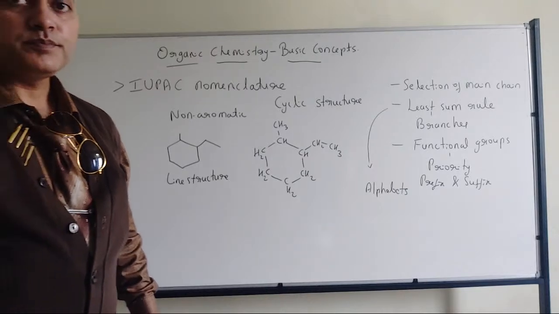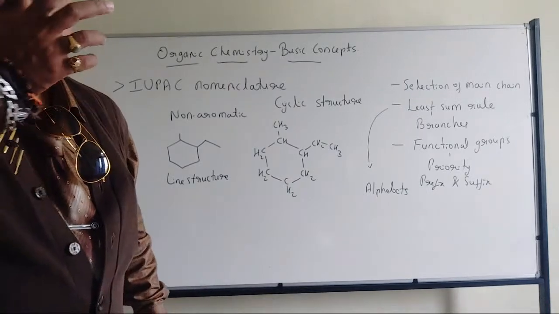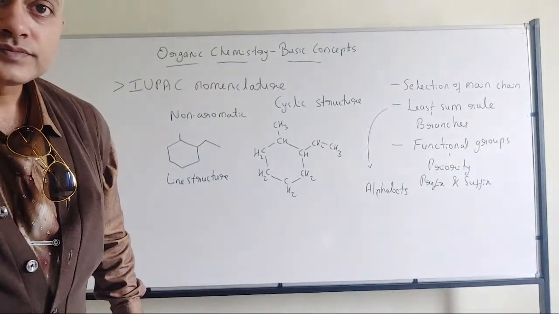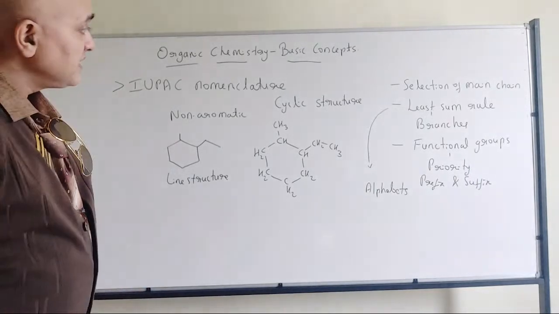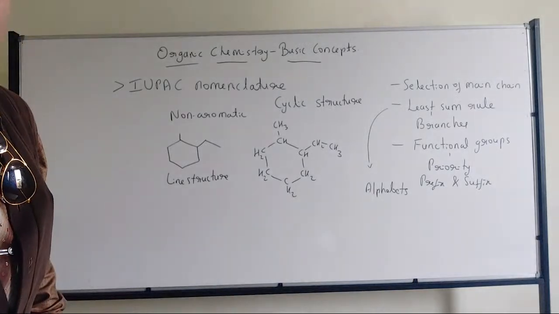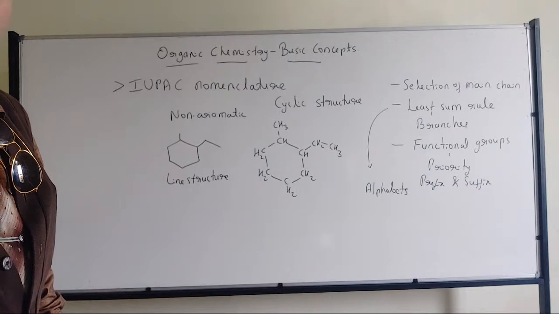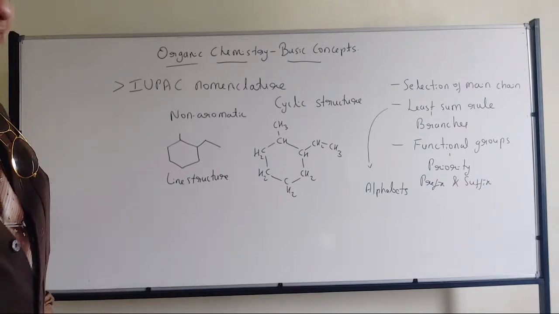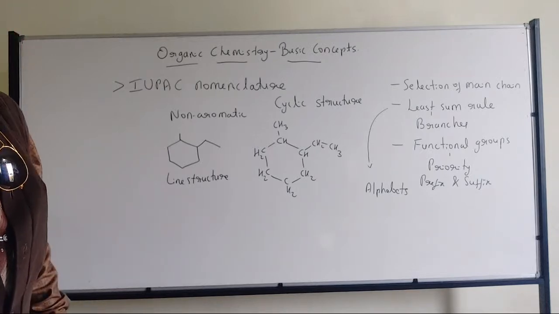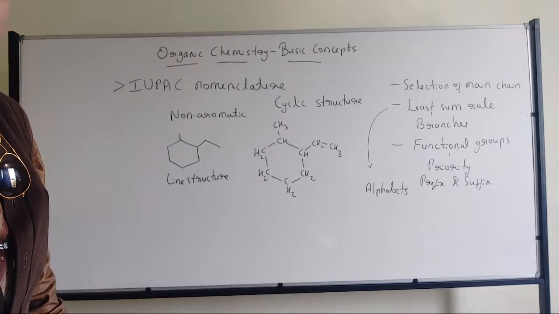Both are alkyl groups. I have written both the line structure and a normal structure. So 1-methyl, 2-ethyl, cyclohexane, that's what Rohan is telling. All of you will agree with that?